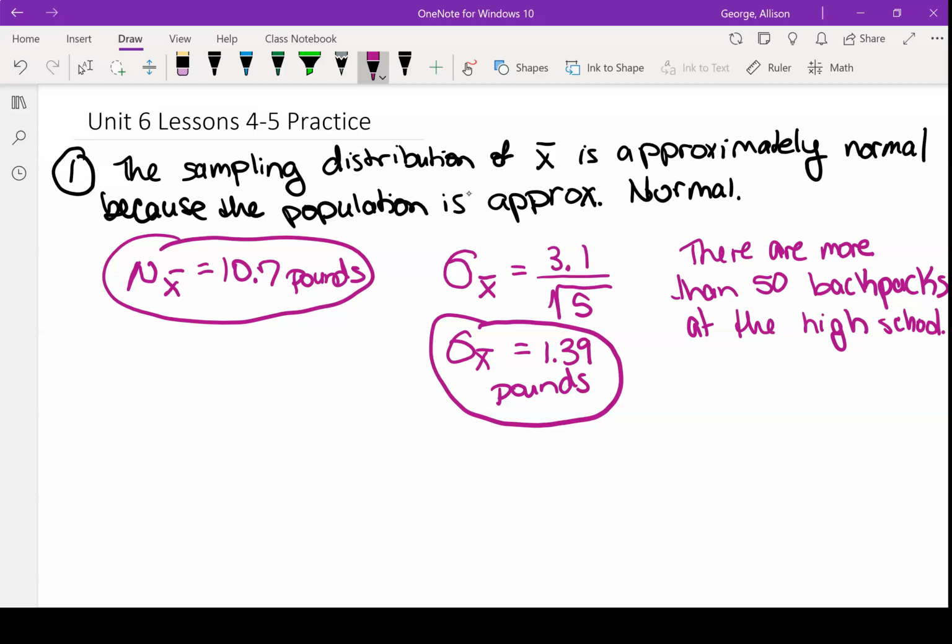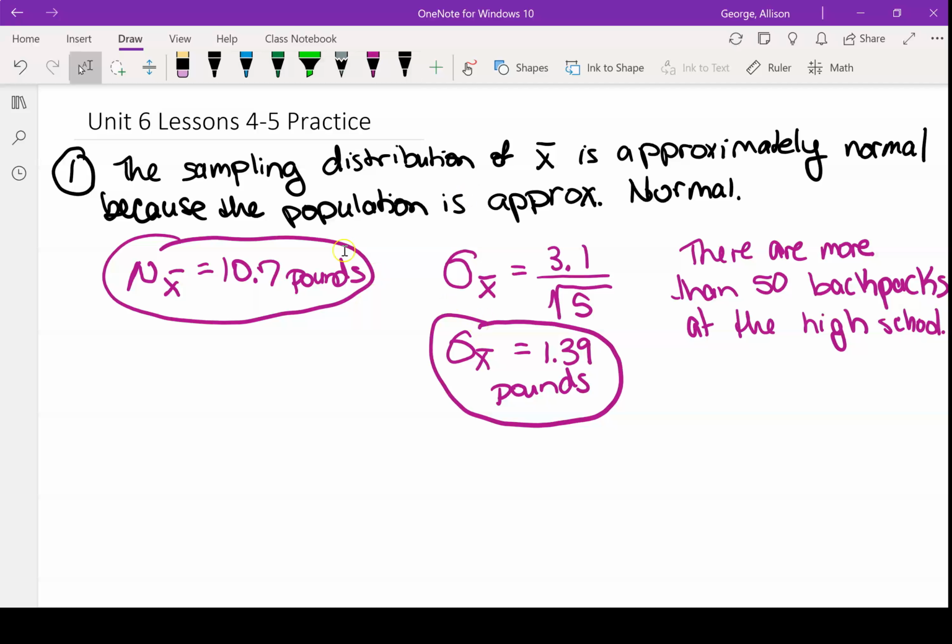Most of the time you don't. So when you don't, all you do is you take your sample size and multiply it by 10 and see if that's a reasonable assumption that your population would be bigger than that number. In this case, our sample was 5. Multiply that by 10, I get 50. It absolutely makes sense that there would be more than 50 backpacks at a high school. So that works and we can move forward.